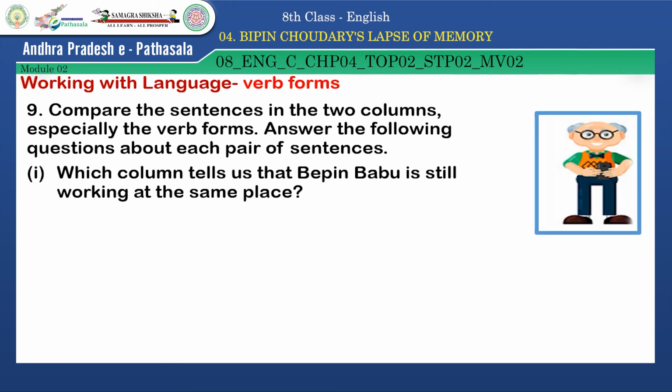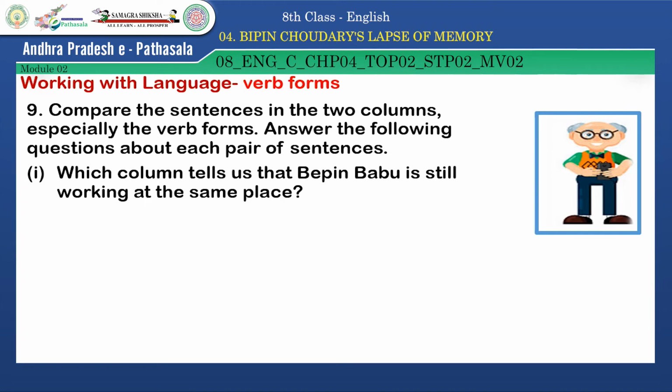The first question asked here: Compare the sentences in the two columns, especially the verb forms. Answer the following questions about each pair of sentences. Now, which column tells us that Bipin Babu is still working at the same place?